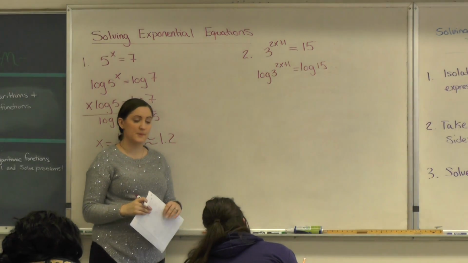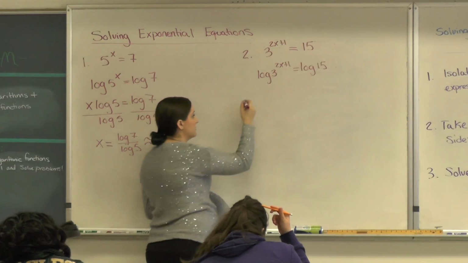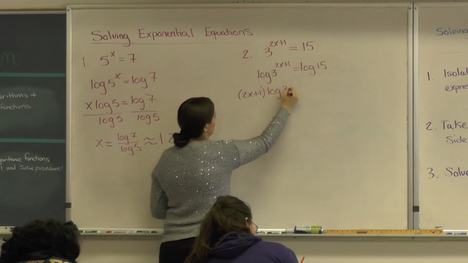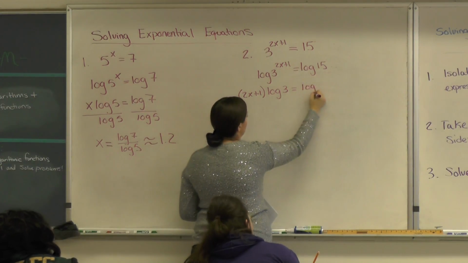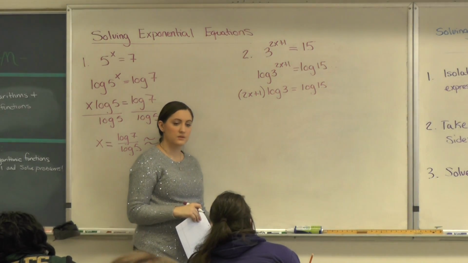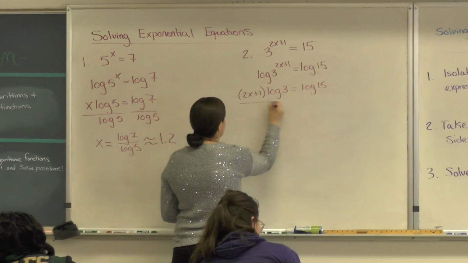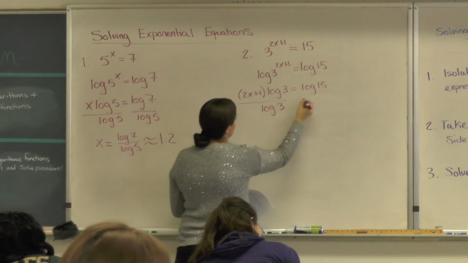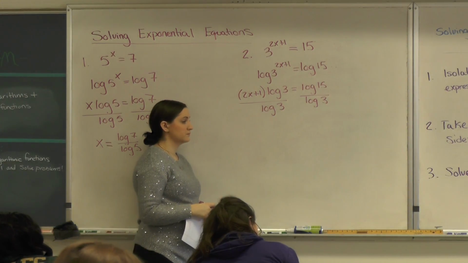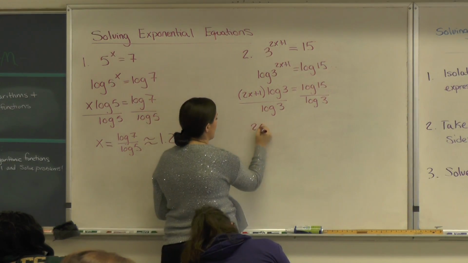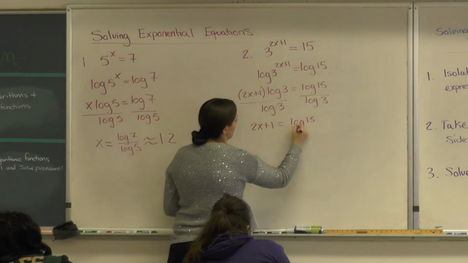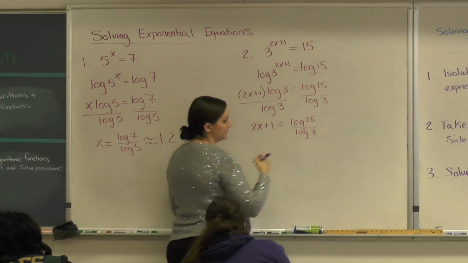What happens to that exponent? It comes out front. What would I do next? We're going to divide by log 3. Then we'll be left with 2x plus 1 equals log 15 over log 3.